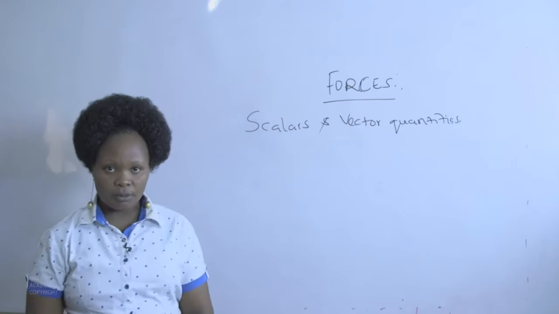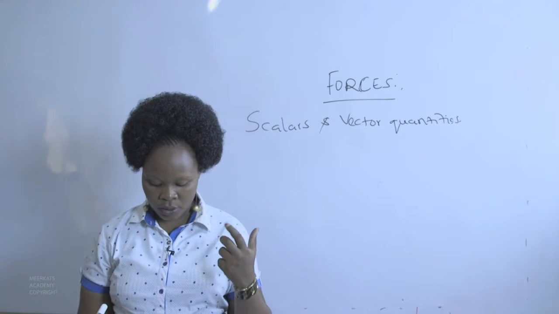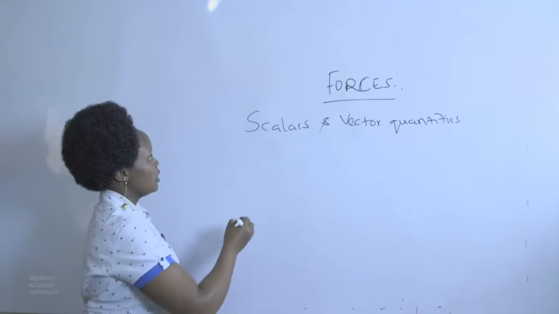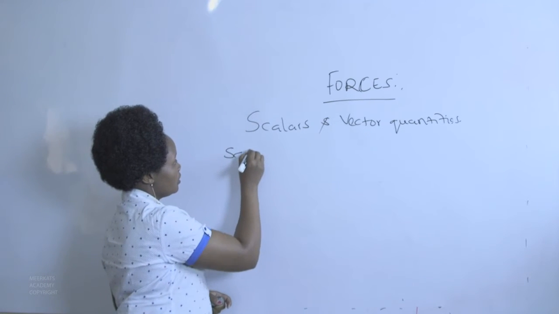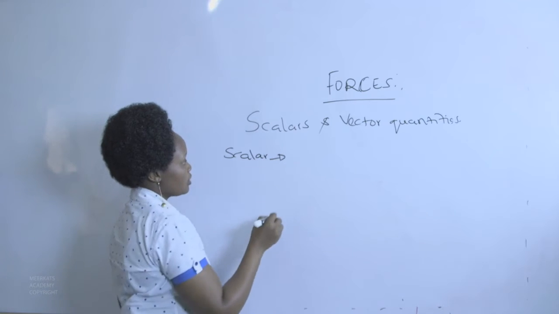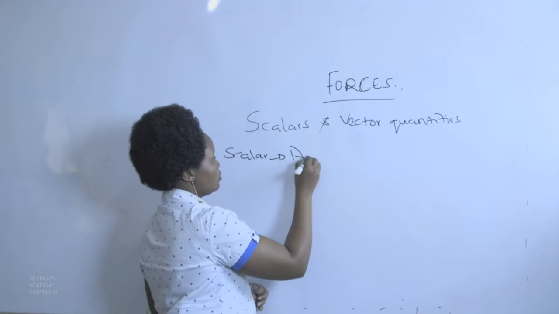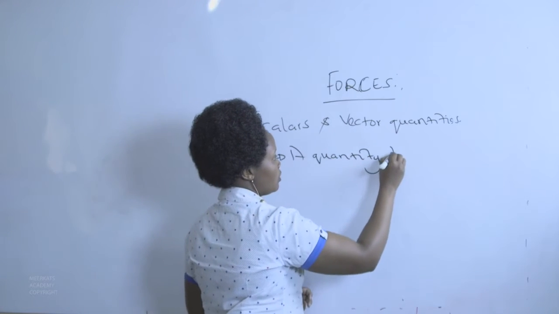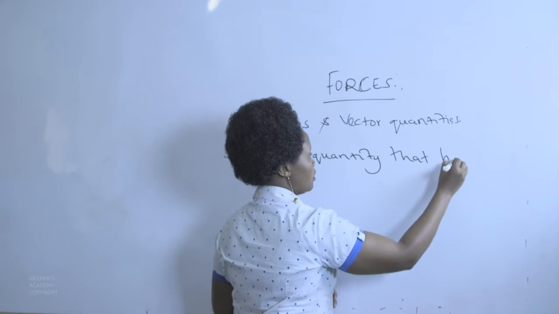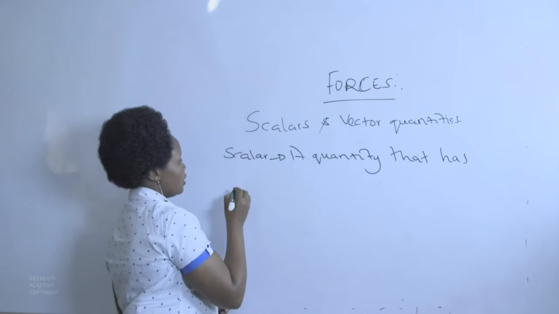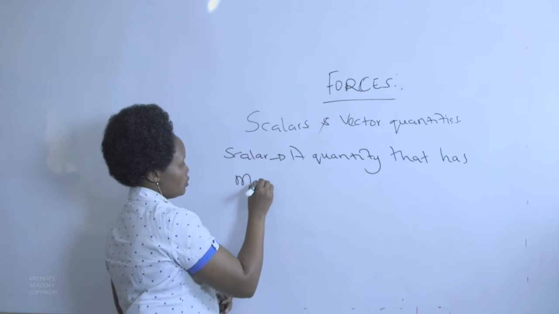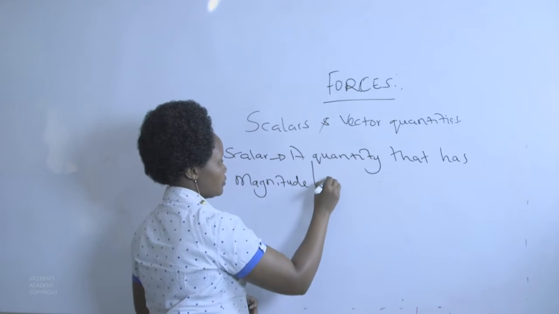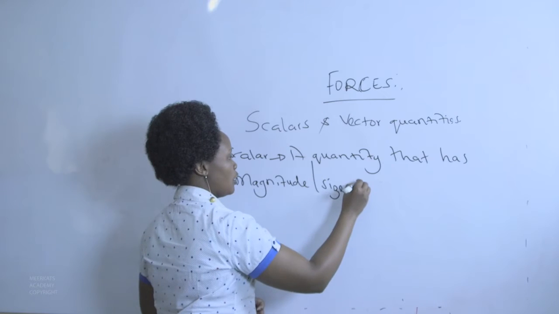And we left at a point where we tried to define a scalar, and we said that a scalar is actually a quantity that has magnitude, or what we call the size only. It has the size only.